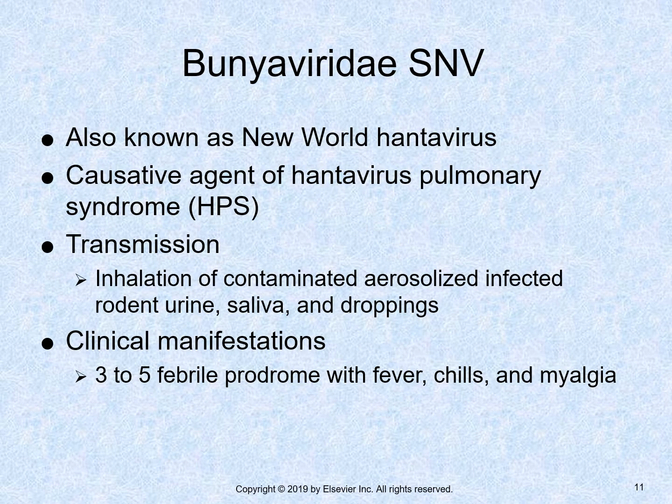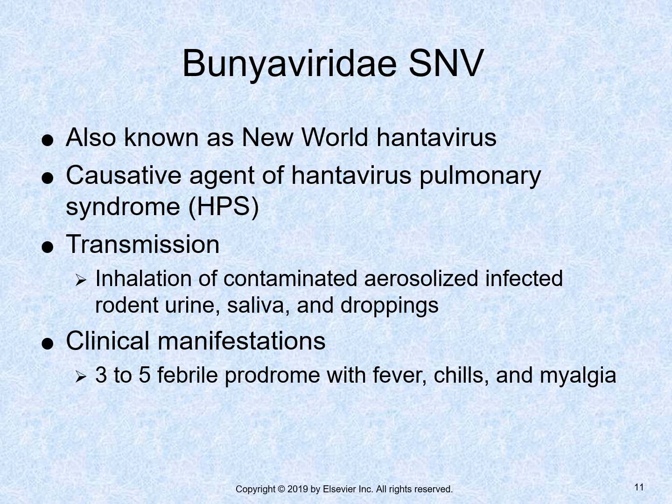The last member of Bunyaviridae to discuss is the SNV virus, also known as Sin Nombre virus or no-name virus. This is known as a New World hantavirus, and it's the causative agent of hantavirus pulmonary syndrome.